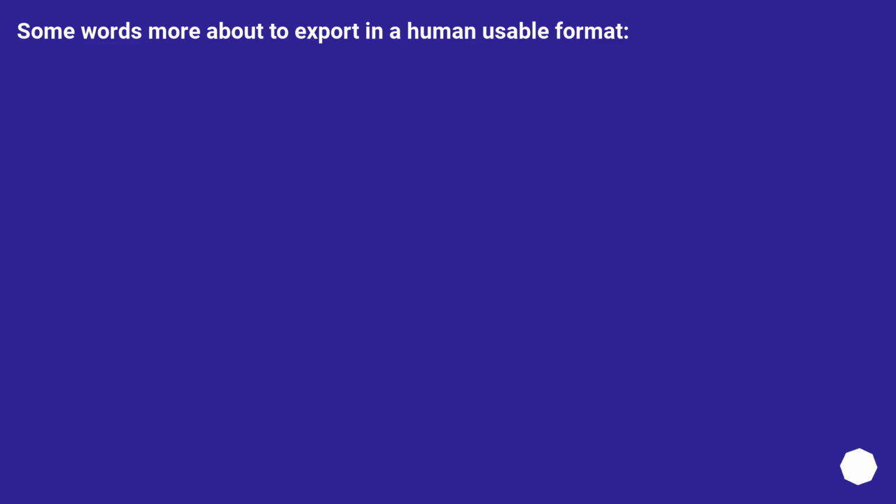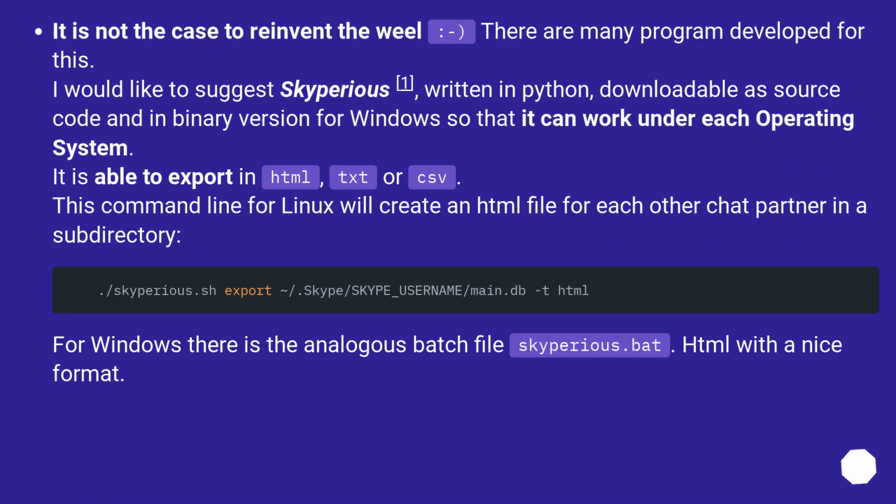Some words more about exporting in a human usable format. There is no need to reinvent the wheel, there are many programs developed for this. I would like to suggest Skyperious, written in Python, downloadable as source code and in a binary version for Windows, so that it can work under any operating system.